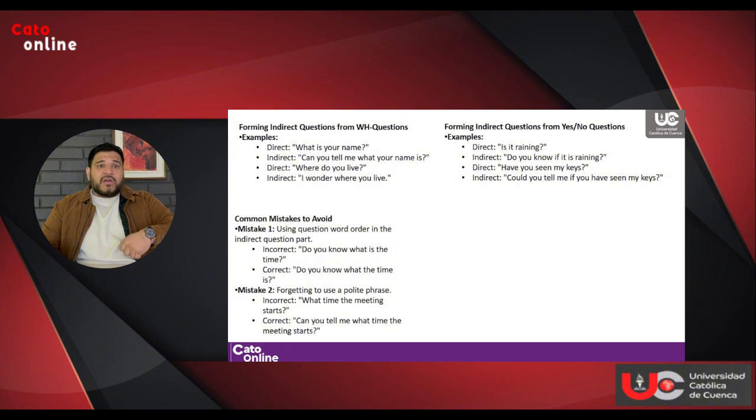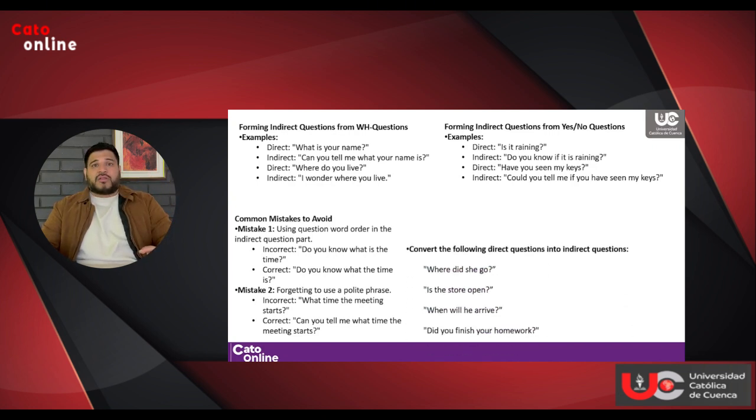Mistake number two, forgetting to use a polite phrase. Incorrect: what time the meeting starts? Correct: can you tell me what time the meeting starts? So you have to be very careful when you use indirect questions. It is important to start with the expression to sound more polite or more formal.